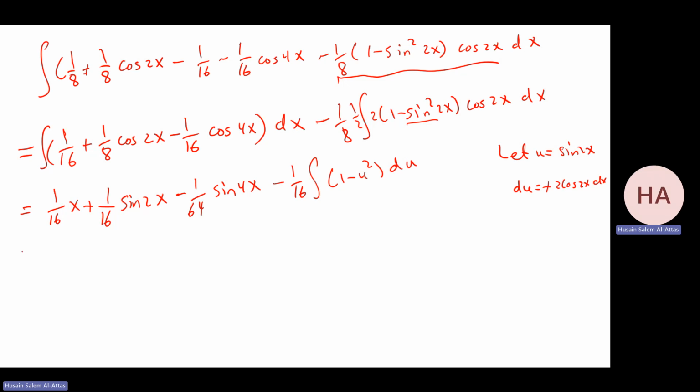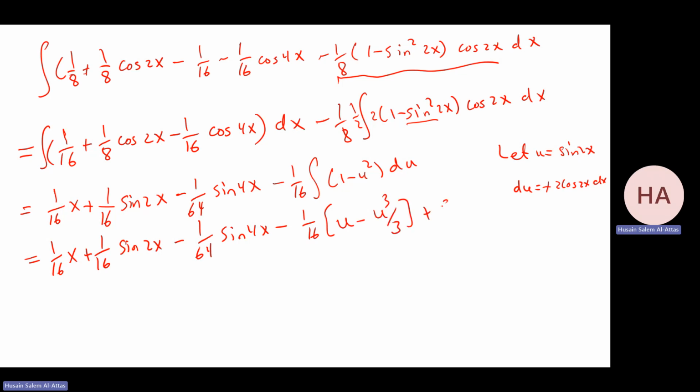Okay, so now continue. That will be 1 over 16 x plus 1 over 16 sine 2x minus 1 over 64 sine 4x minus 1 over 16 times u minus u cubed over 3 plus c.